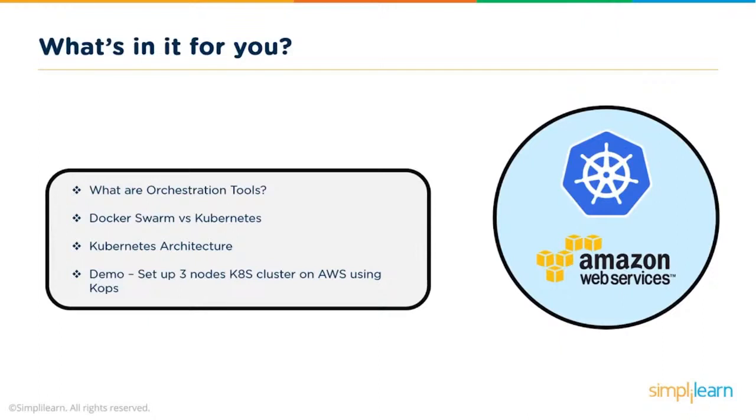After that, I will end the tutorial by running you through a demo of setting up a 3-node Kubernetes cluster on the AWS platform. I will use something called kops, which is one of the admin tools for setting up a production grade Kubernetes cluster. So I will use this to set up a 3-node cluster on AWS.